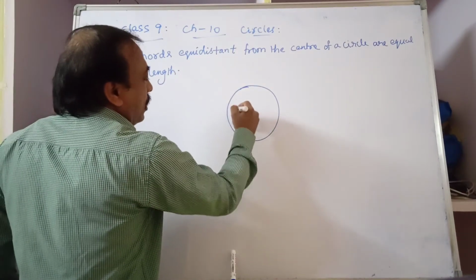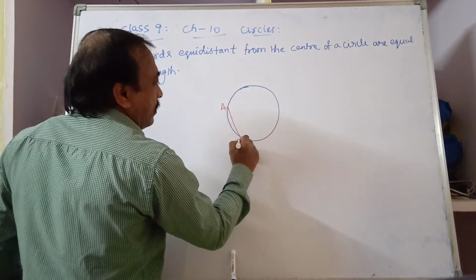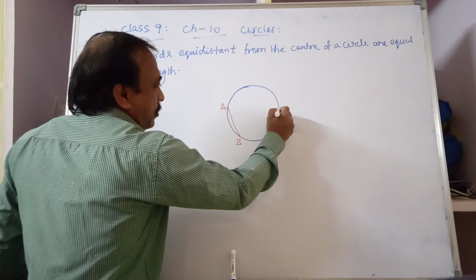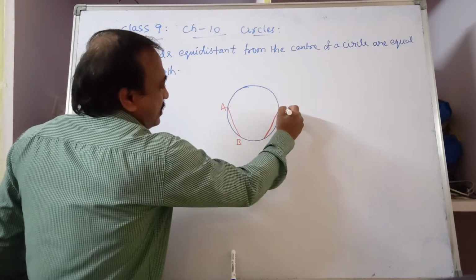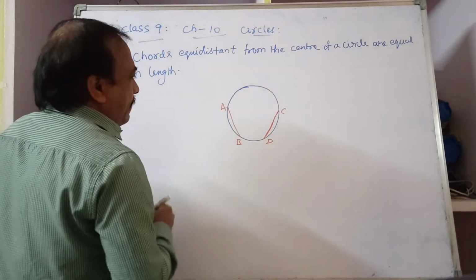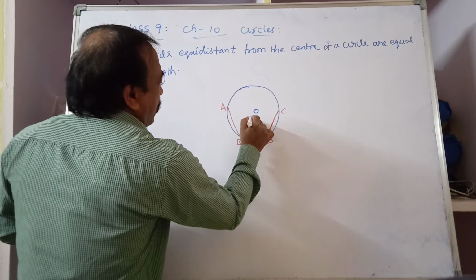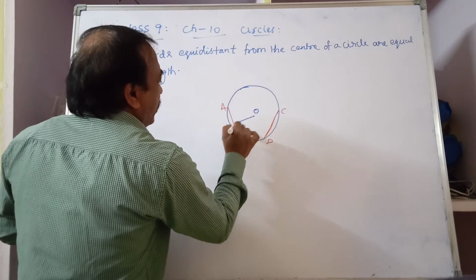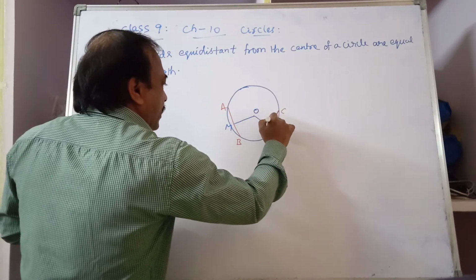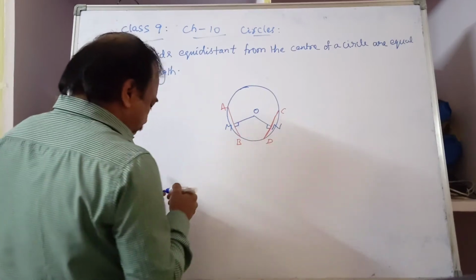Now these are the two chords. This is AB, and CD is the other chord. The center of the circle is O, and OM is perpendicular to AB and ON is perpendicular to CD.